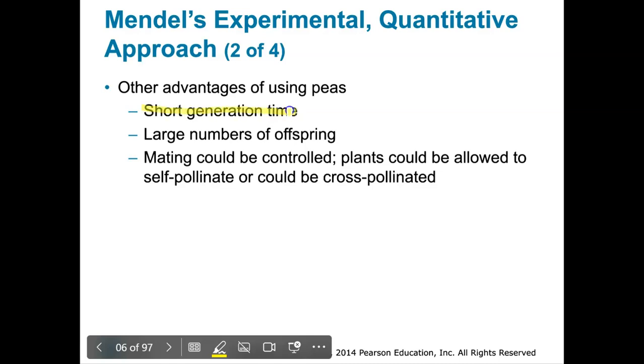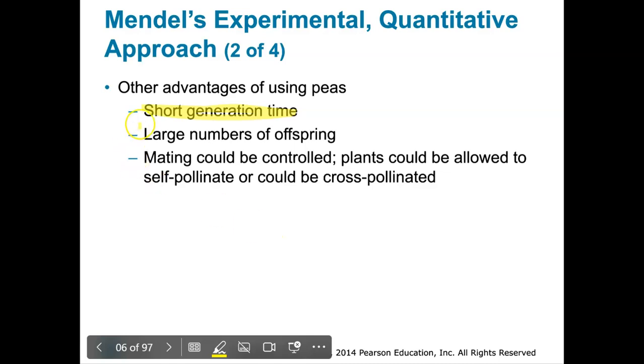For a garden pea, once pollen lands on the female part of the flower, the sperm travels down a pollen tube to the egg and fertilizes the egg.